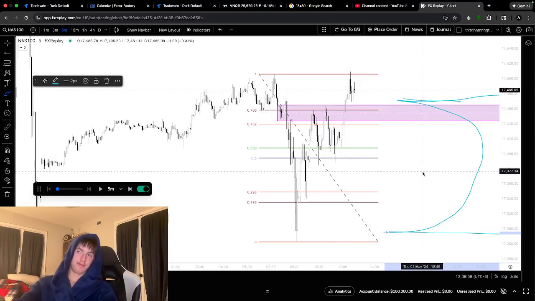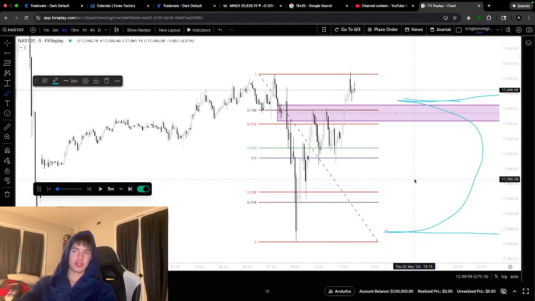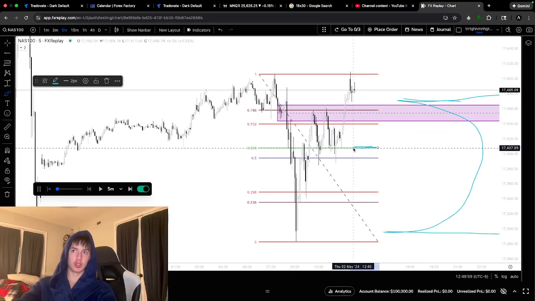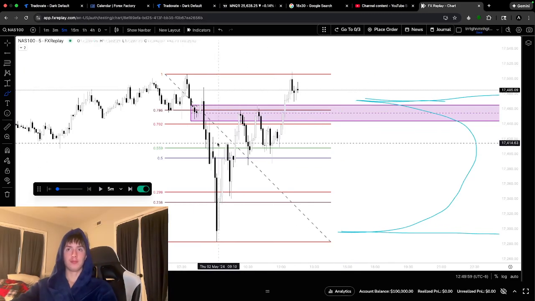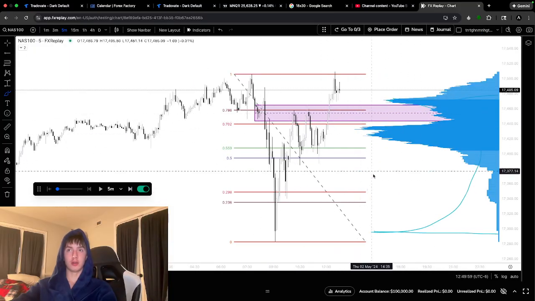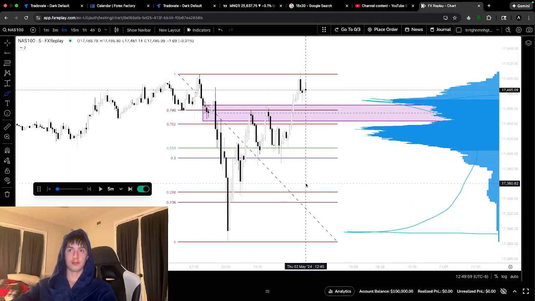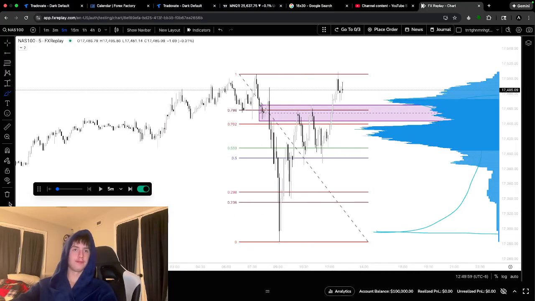You can still trade this based off the fib level. The fib level is a great tool to get entry. But 5-minute gaps and low volume nodes are where you want to target your entries, and the fib tool, all of it.